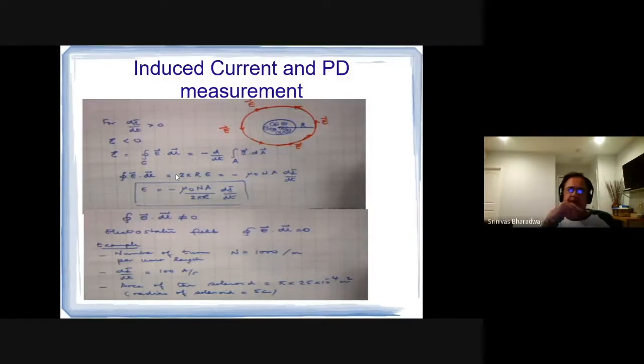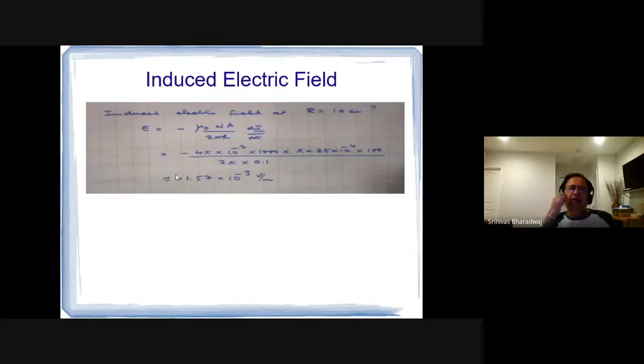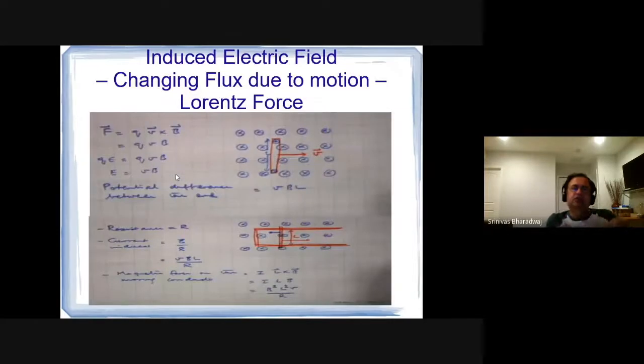So E times 2 pi r will give you mu naught n A di by dt. That is how to find the corresponding electric field due to electromagnetic induction.